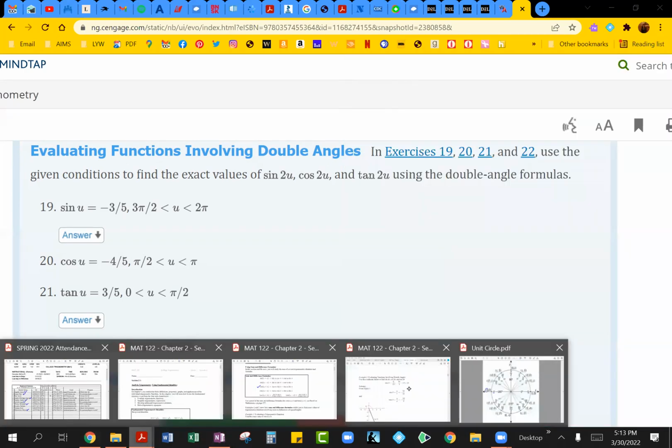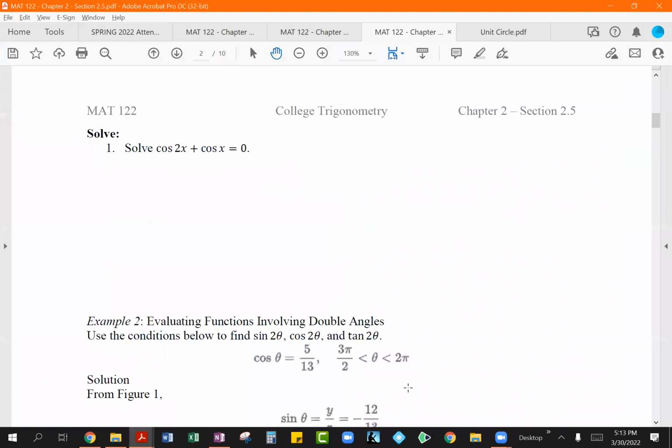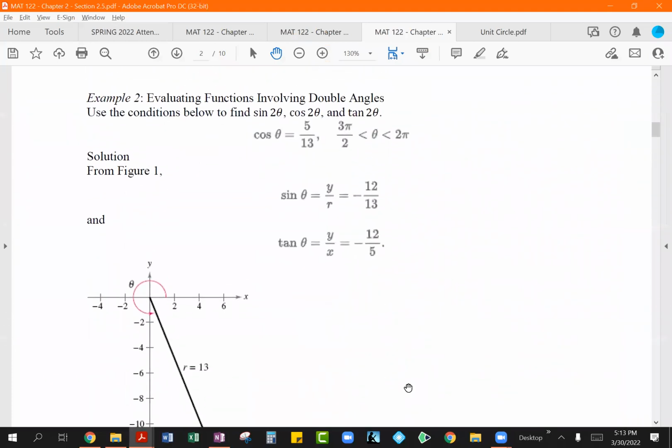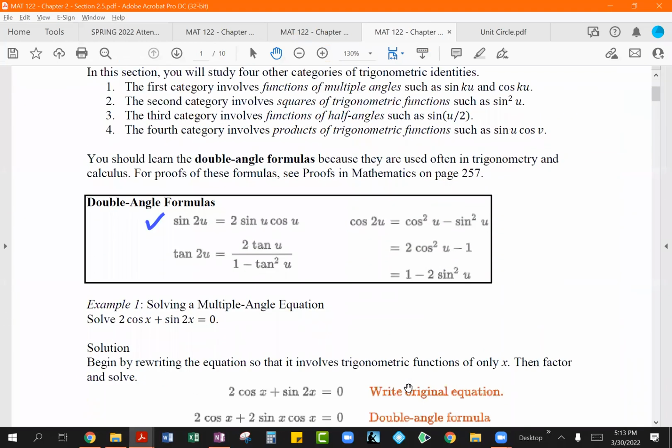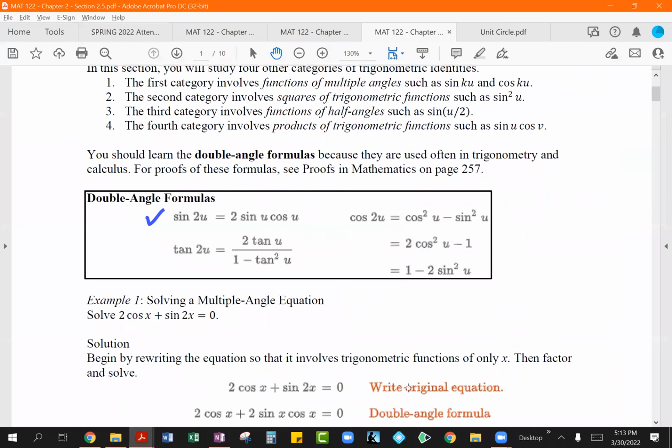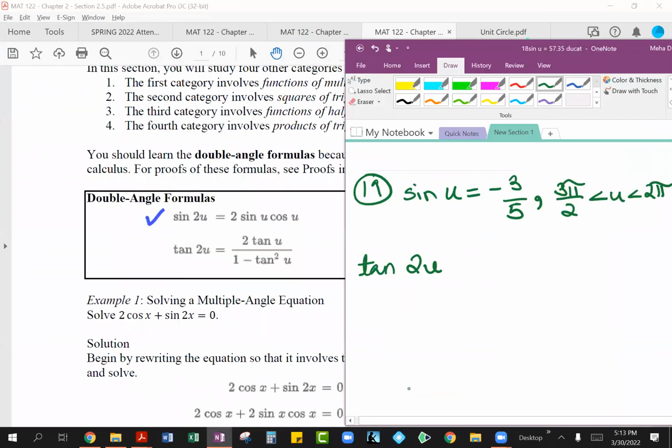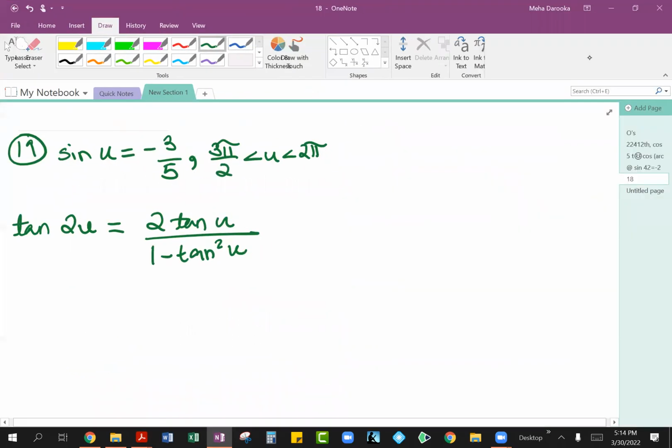This is the example I'm working on from our textbook. All right, let's take a look at that tangent formula over here. Okay, so let's write it out. Tangent of 2u is going to be 2 times tangent u over 1 minus tangent square of u.